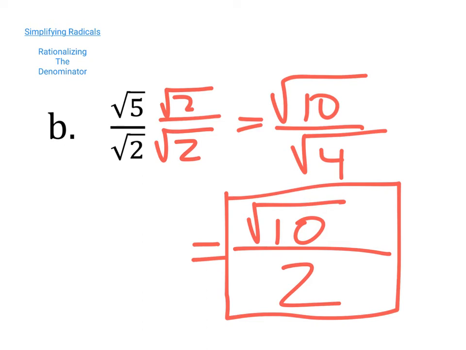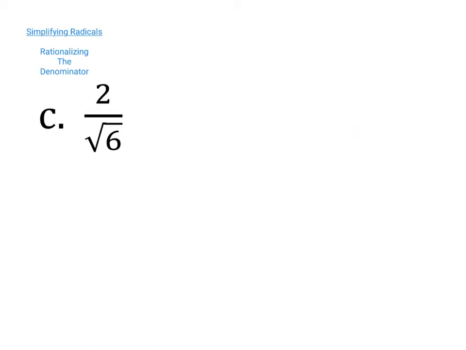Don't try to go dividing this 10 by 2, because the 10 is under a square root and the 2 is not. So we saw in the last one that the denominator completely disappeared. Here the denominator doesn't disappear, but it's a rational number. No square roots. Square roots are irrational. We don't want those in the denominator.